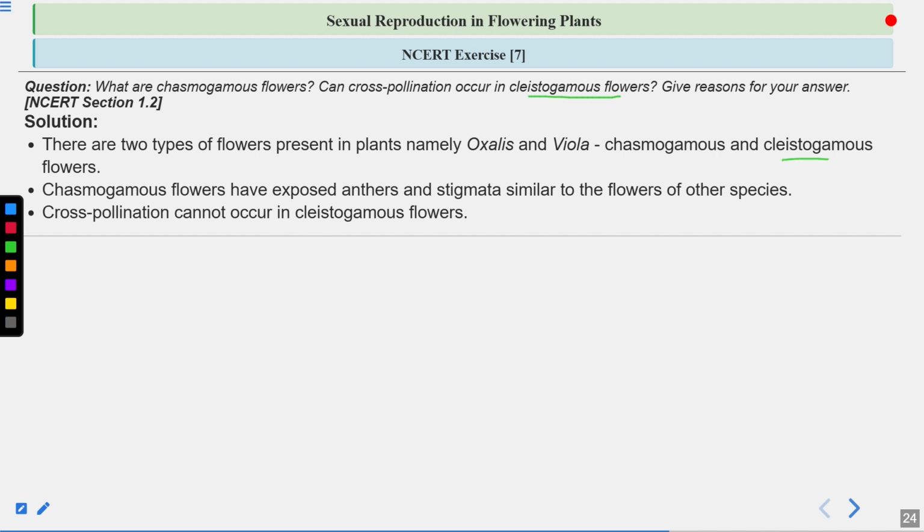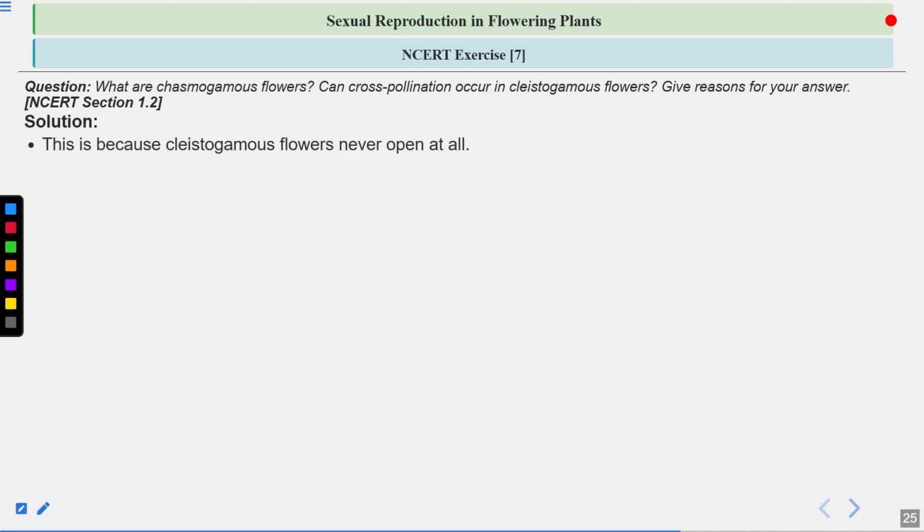Why? What is the reason? Because the flower does not open. The flower is in the closed form only, in the form of a bud. Their anther and stigma are not exposed. So how could cross pollination occur? This is because the cleistogamous flower never opens at all.